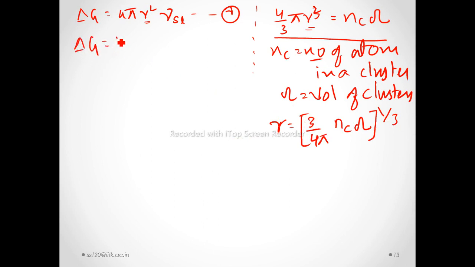Delta G is equal to 4 pi, 3 by 4 pi NC omega to the power of 2 by 3, because of the square, and into gamma of SL.